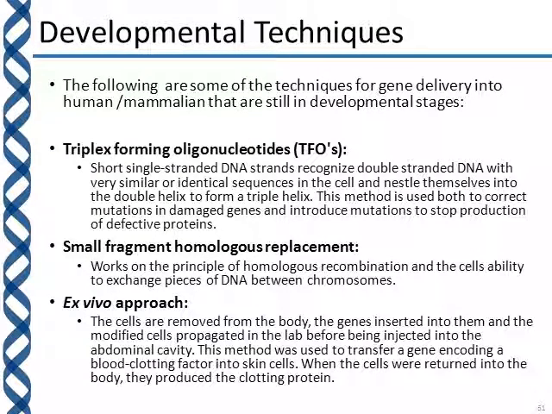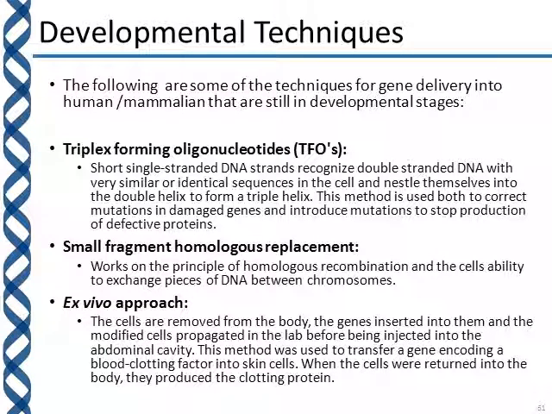The following are some of the techniques for gene delivery into human and mammalian cells that are currently in the developmental stages. The first is the triplex forming oligonucleotide. These are short, single-stranded DNA strands recognizing the double-stranded DNA with very similar or identical sequences, and nestle themselves into the double helix to form a triple helix.